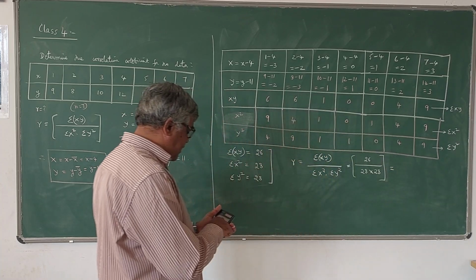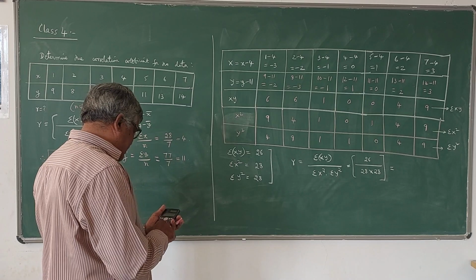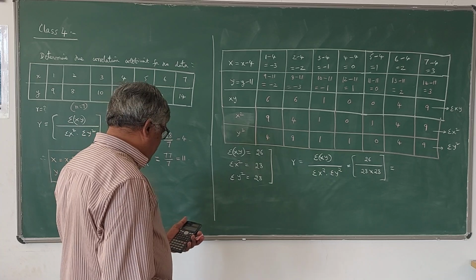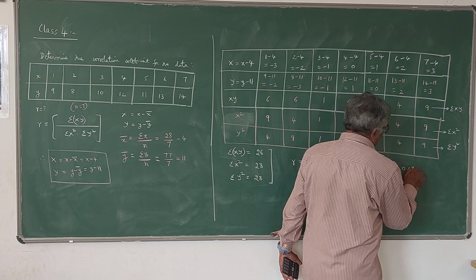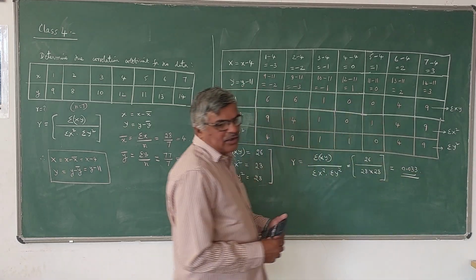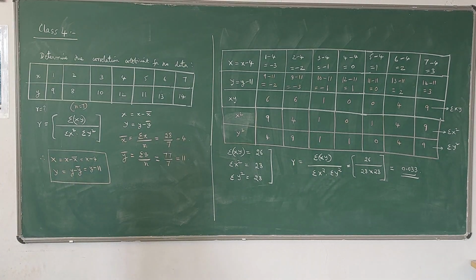So the answer will be 26 divided by 28 divided by 28, 0.033. So this is the value of the correlation coefficient, or Pearson's correlation coefficient.